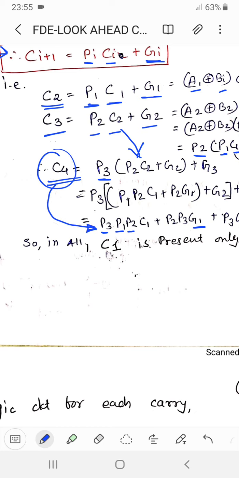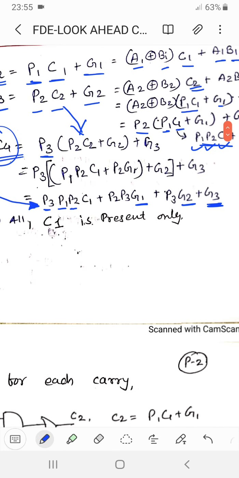So all your previous propagations are in the picture: P3 P1 P2 with the carry C1, then P2 P3 with G1, and only P3 with G2. So these are all the propagations of each of the stages, with the generated carry also.